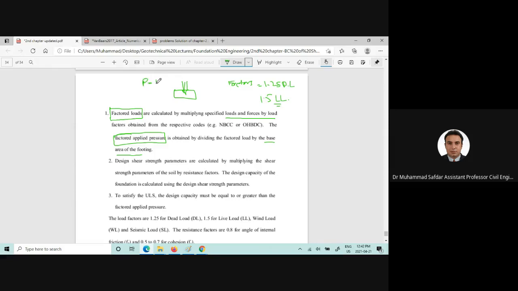The P is equal to 1.3 of the dead load plus 1.5 of the live load, and the area is here, for example, it's B, so we can take that B into B if it's a square footing, so square of that B. So if we divide the P divided by the area, we will get the applied pressure. Okay, the applied pressure on top of this soil.